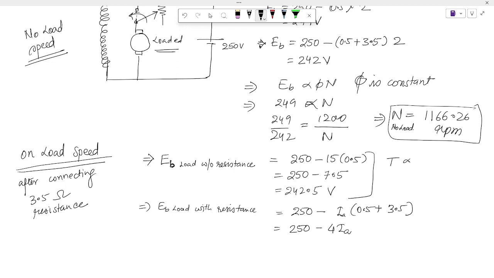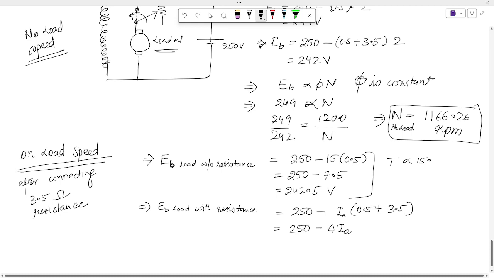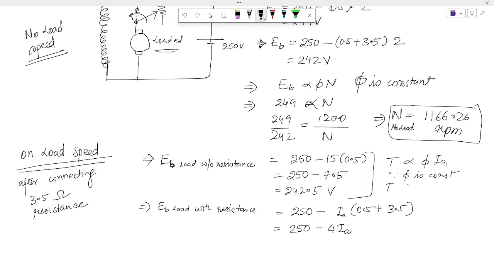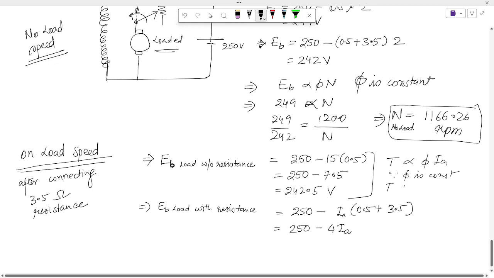Torque is proportional to phi Ia, and since phi is constant, torque is proportional to Ia.